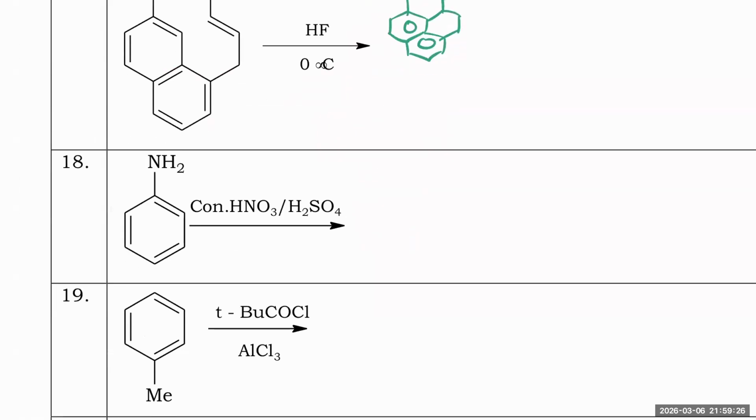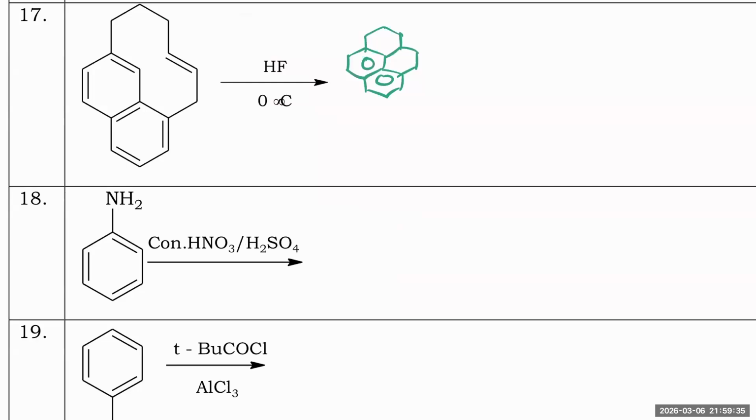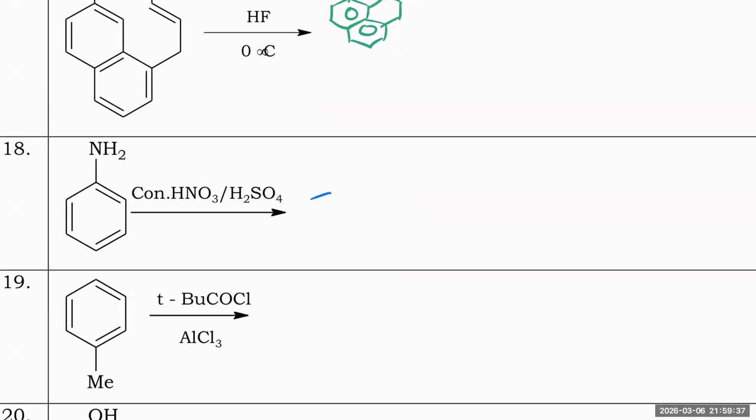Next one, if you notice, with NH2, concentrated HNO3 and H2SO4, when it comes to nitration of this group, as I told you about this one already, we will be learning this multiple times, so don't worry about it. As of now, just remember nitration happens at ortho, para, meta, all three positions.